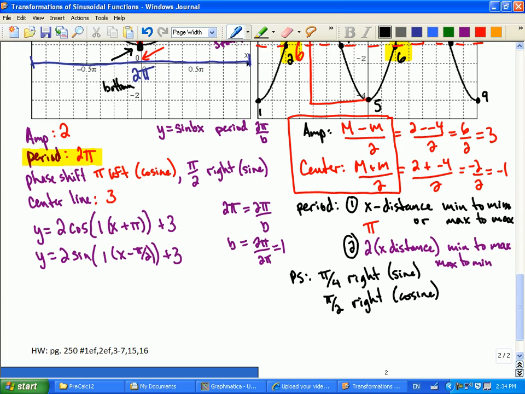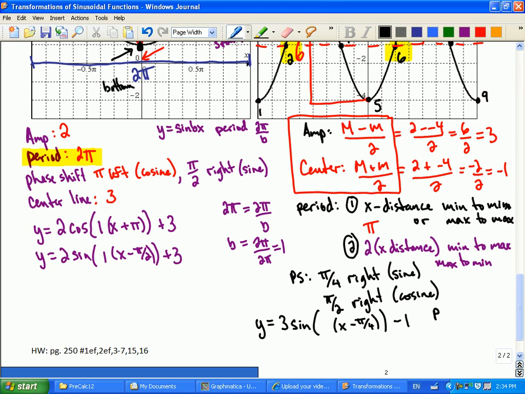Okay. So if I take all those pieces and start putting it together, y equals 3 times the sine of x minus pi over 4, and my center line is negative 1. I still have to figure out what goes in the horizontal stretch.